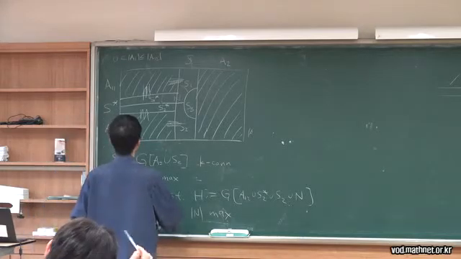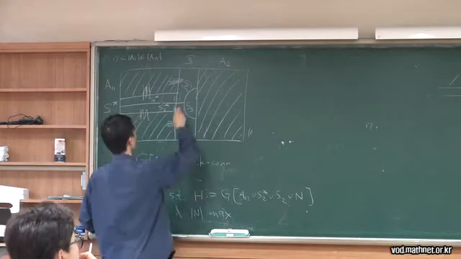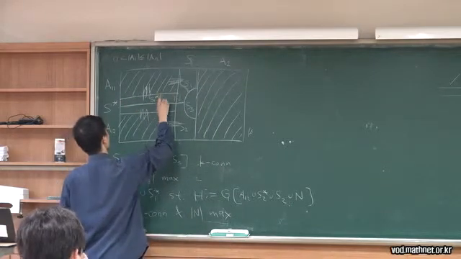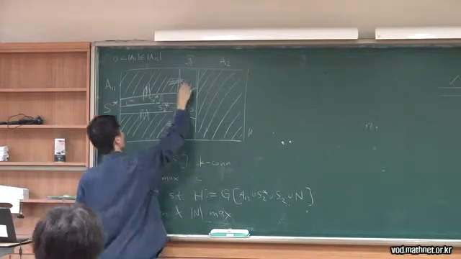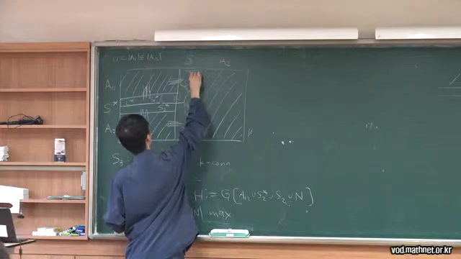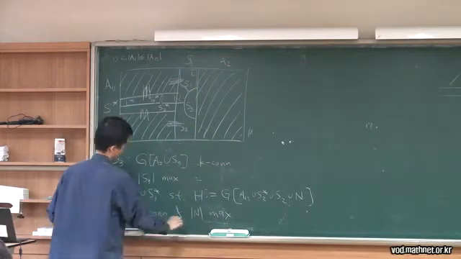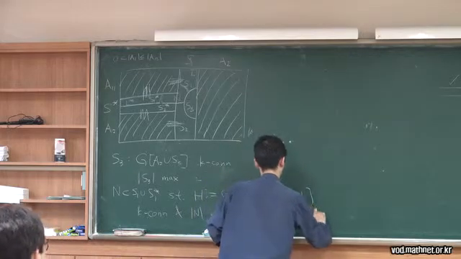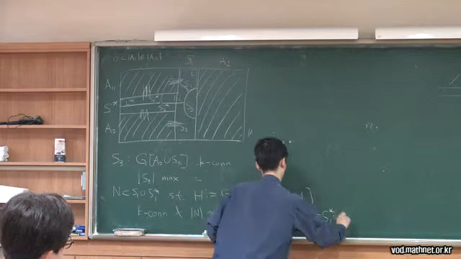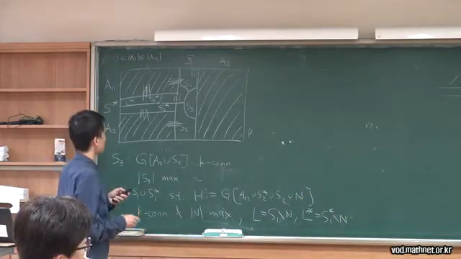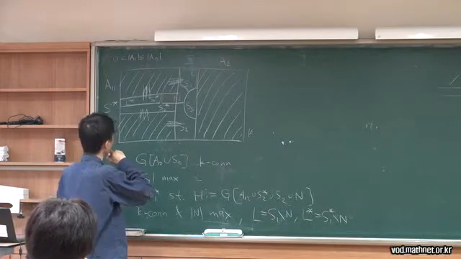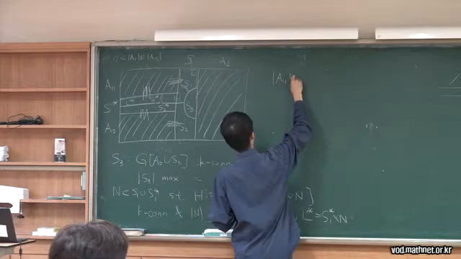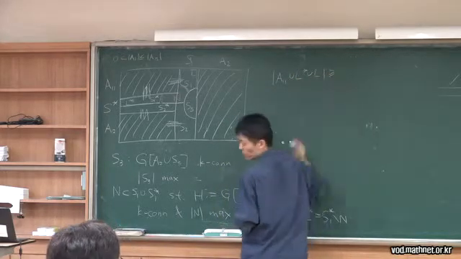Okay, and I'm going to define L and L star to be these two sets here, S1 minus N and S1 star minus N. Right, so now A11 union, how big is that?